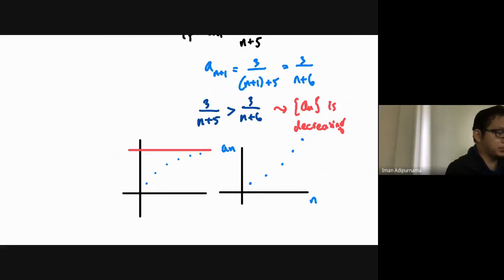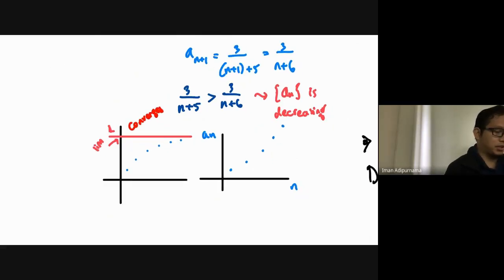We can use the definition from the limit. Let's say this is the L value. If this happens, then it's converged. But here it's diverged.